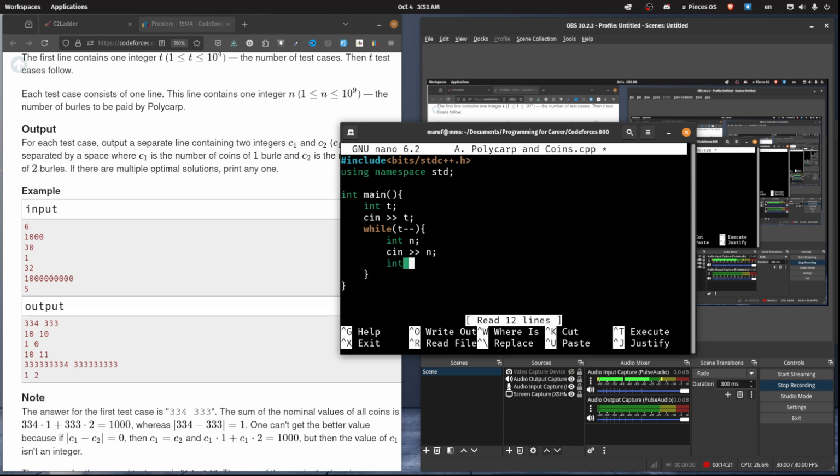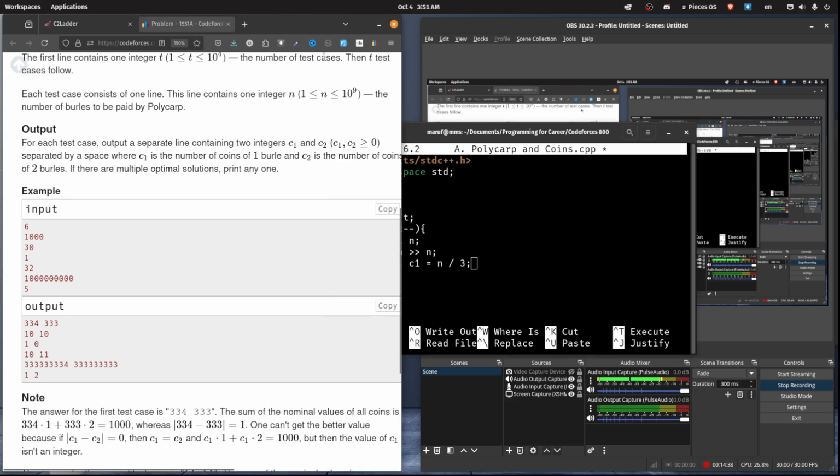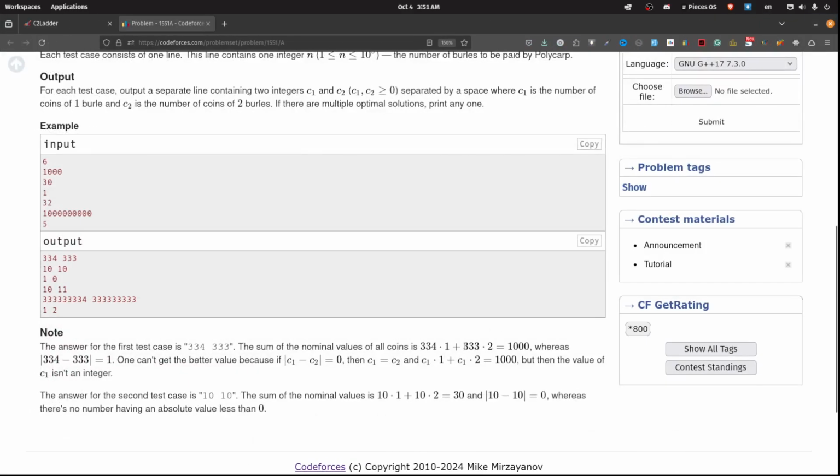So I can say integer c1 is equal to n divided by 3. So this is the value of c1. Both of those values are the same, but the difference between them is 1 actually.